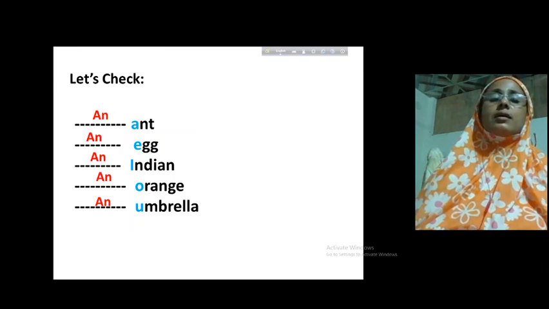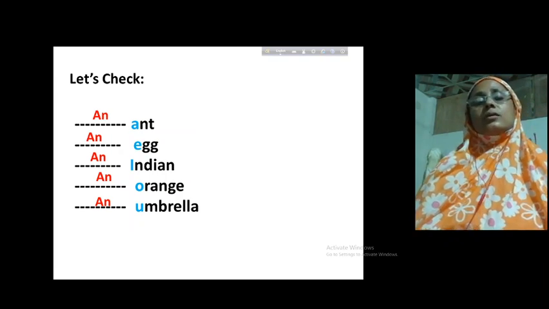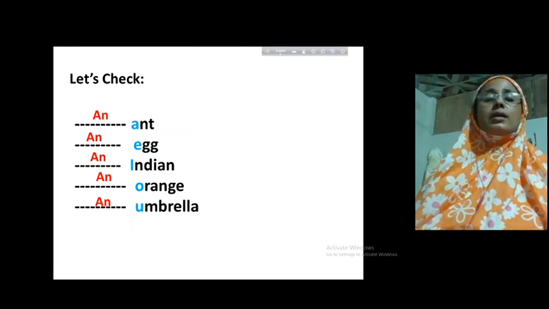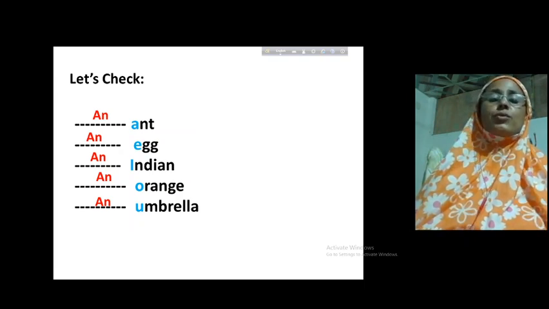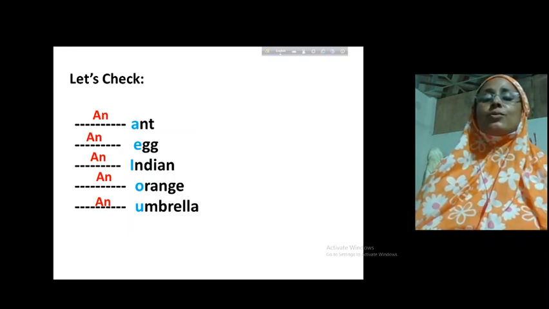Again with Indian, the word starts with I, it's a vowel and it sounds like E, so we put an before that. Again with the word orange, vowel O, and we put an there. And what about umbrella?